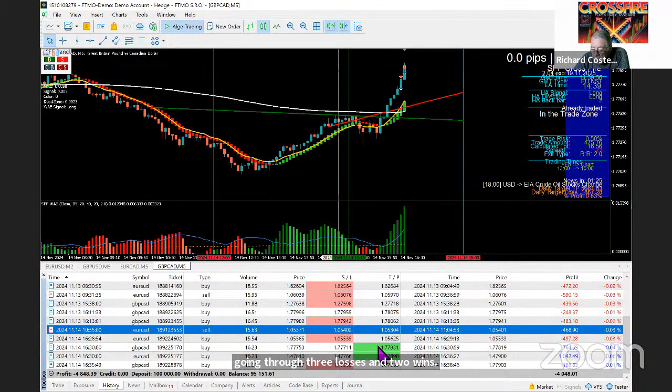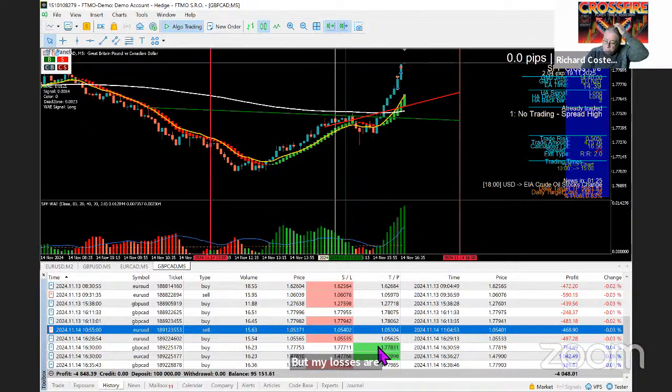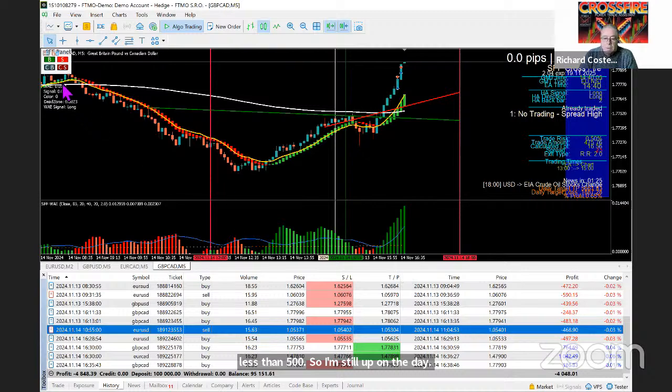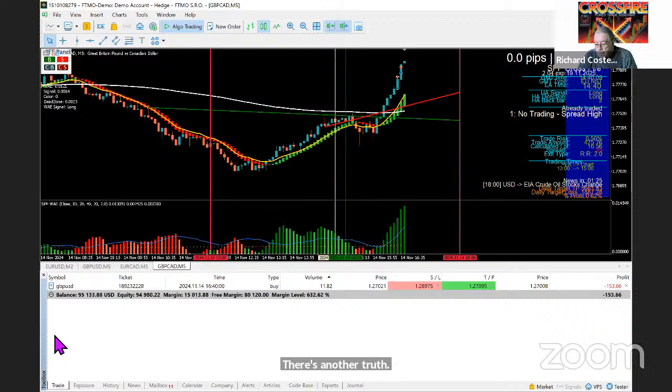But my losses are less than 500, so I'm still up on the day. And there's another trade. So it's got me into GBP USD.